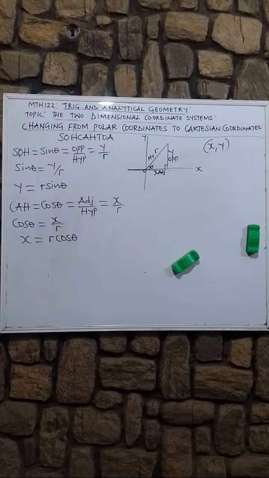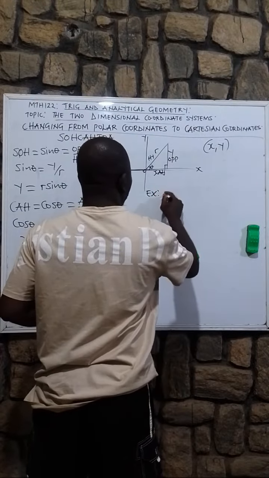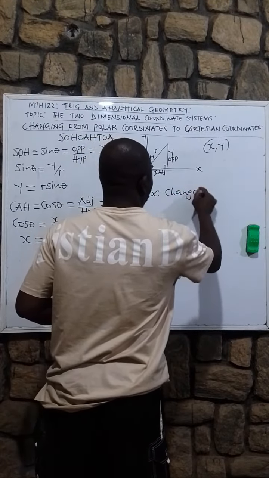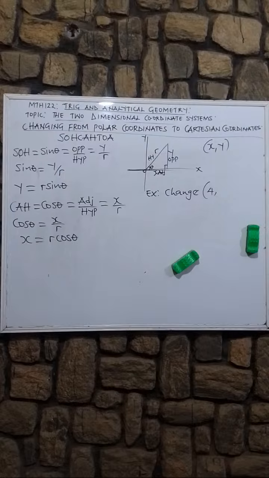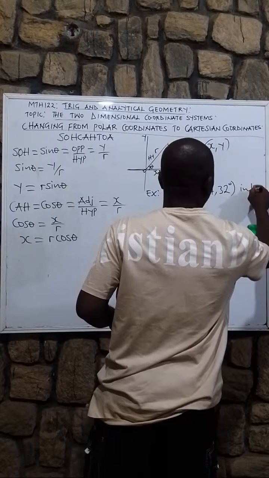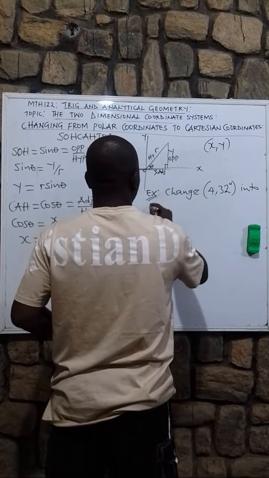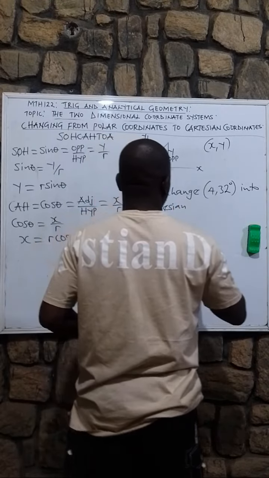Let us proceed to solve examples. Example: change (4, 32 degrees) into Cartesian coordinates.